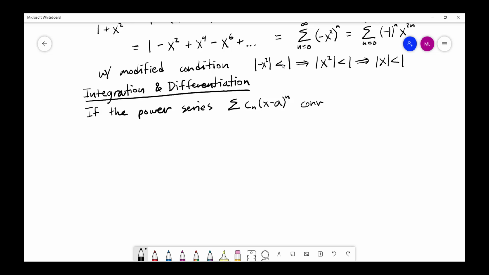So if this converges on a non-trivial interval, where we actually at least have some range of values, then so do its integrals and derivatives.